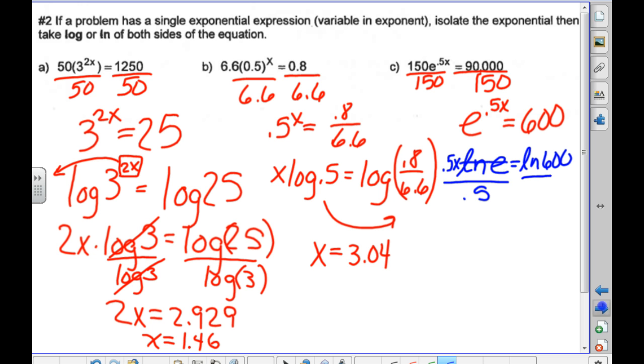So then you divide both sides by 0.5. ln of 600, close your parentheses, divided by 0.5 is? Everybody all right? Okay, moving on.